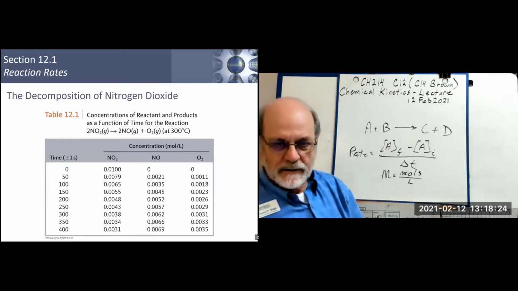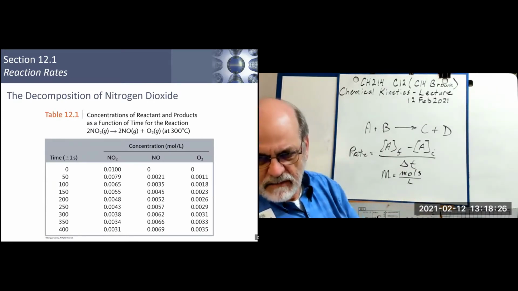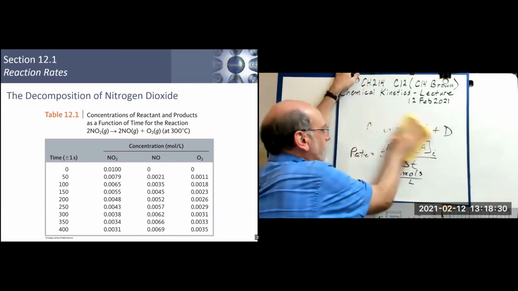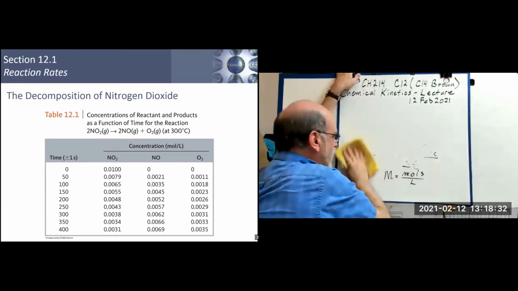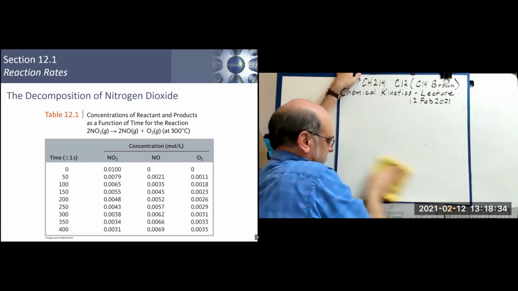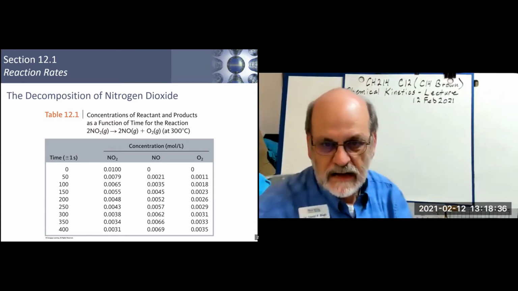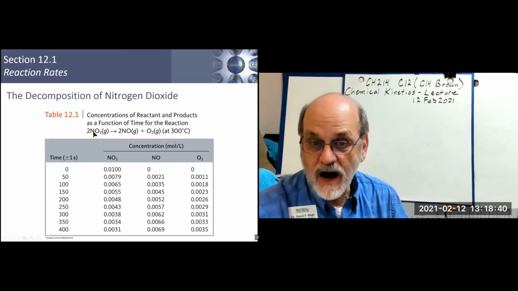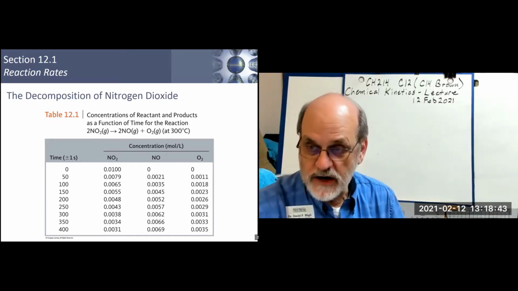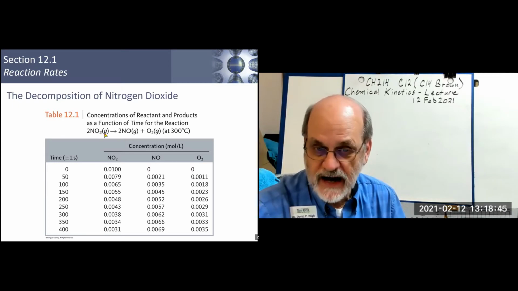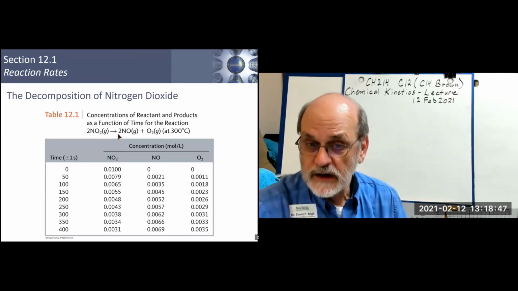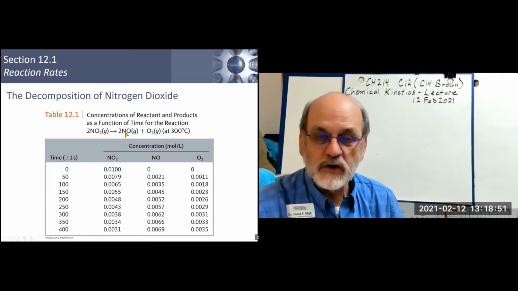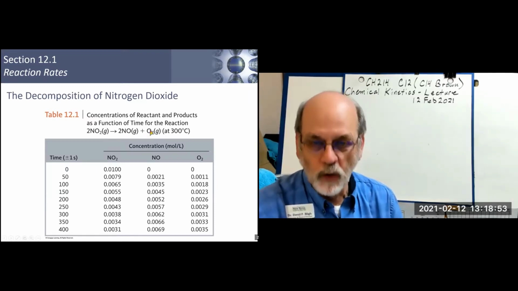Okay, so this would be a set of data that you might acquire for this particular reaction. This would be the decomposition of nitrogen dioxide. The balanced equation says 2 moles of nitrogen dioxide decompose into 2 moles of nitrogen monoxide and 1 mole of oxygen.